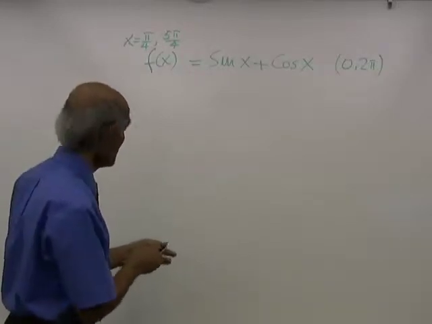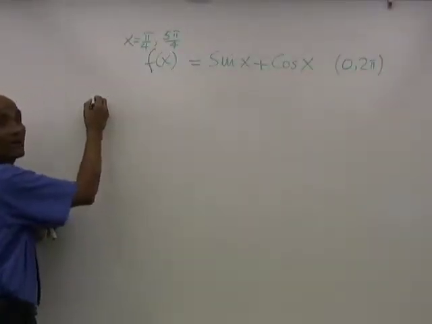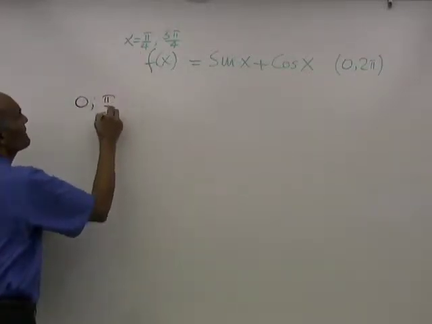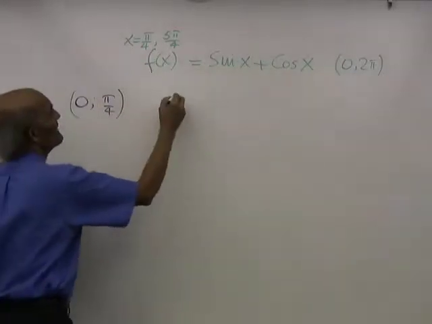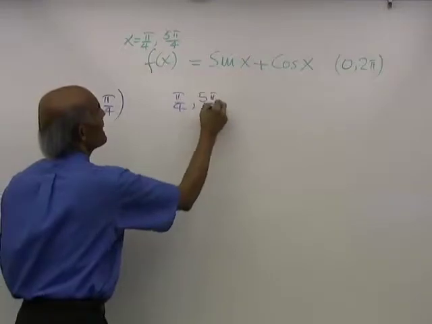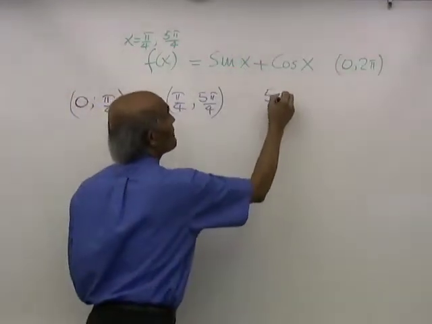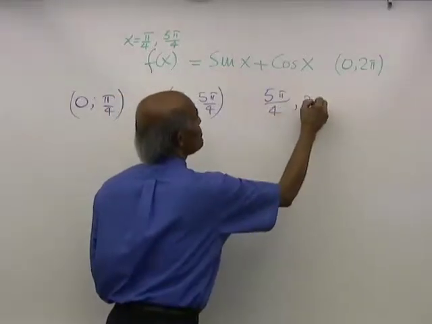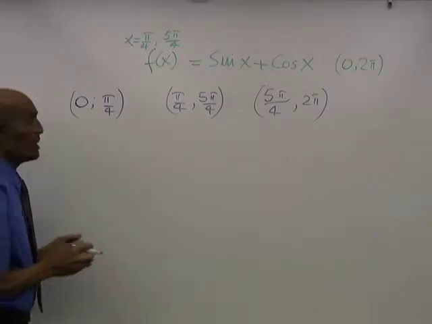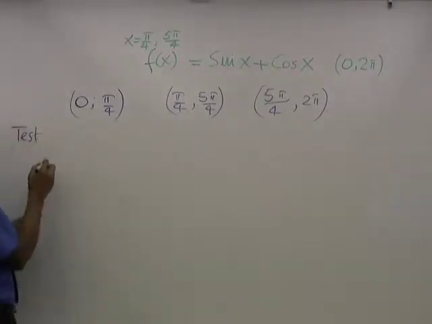And what are those three intervals? The intervals are, let's say, 0 to pi by 4, that is the first interval, pi by 4 to 5 pi by 4, and 5 pi by 4 to 2 pi. Those are the intervals. Okay, we now need to obtain test numbers.